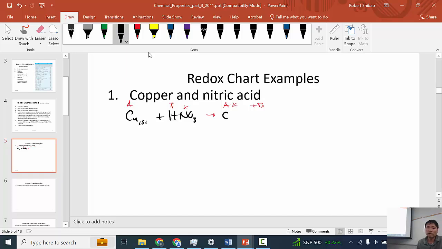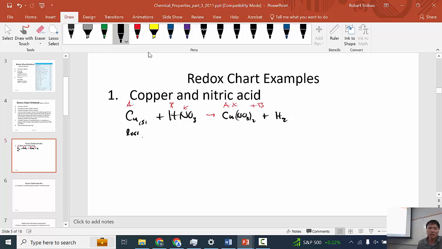And this comes from observations. Copper 2 nitrate is much more common, and copper 2 is more preferred. And then B is hydrogen, but hydrogen likes to be diatomic. Then we use the activity series to predict, and we see that we want to go from more active to less active.